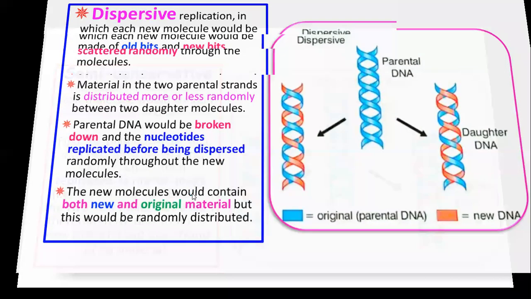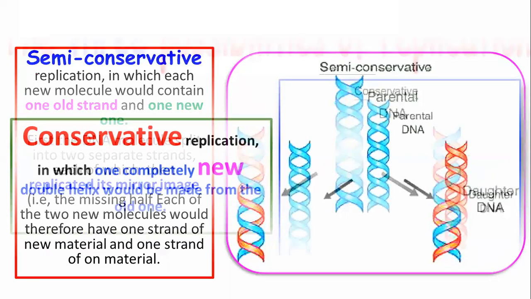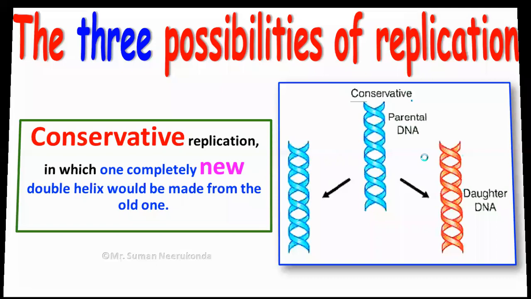Semi-conservative means one strand will be the old one and the other one will be the new one. Fully conservative means that the whole double helical DNA will be the parental DNA, while the daughter will be entirely different from the parental one. So these are the three possibilities of replication.